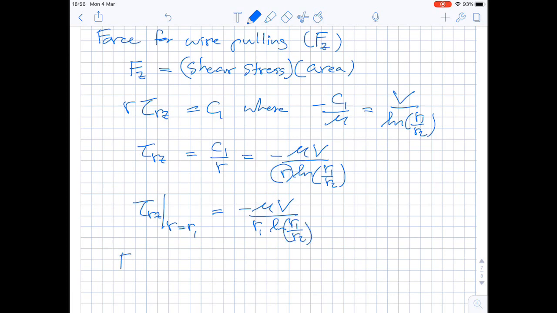Then you plug into the force. So force itself is supposed to be tau Rz at R equal to R1, or shear stress at the surface, multiplied by the area, and the area is the area that this shear stress applies upon.